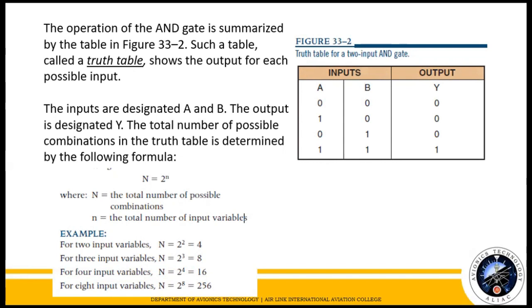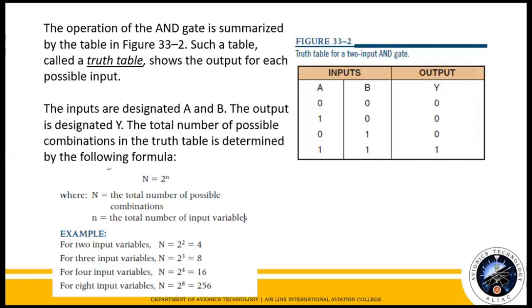That's why if you have two input variables, A and B, N equals 2 raised to 2, which is equal to 4. Kaya kung mapapansin nyo, sa A and B, meron kang 4 inputs. Yun yung mga possible inputs.